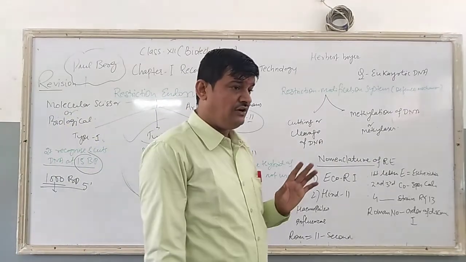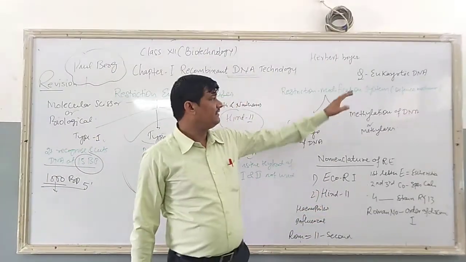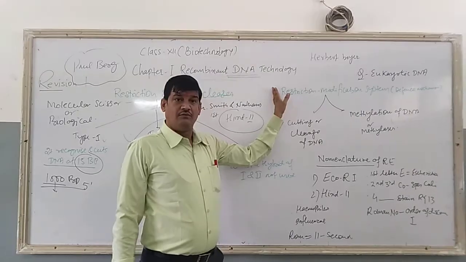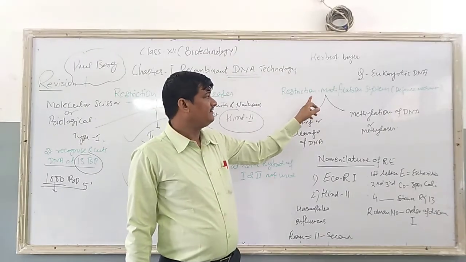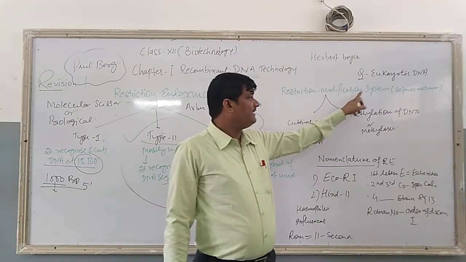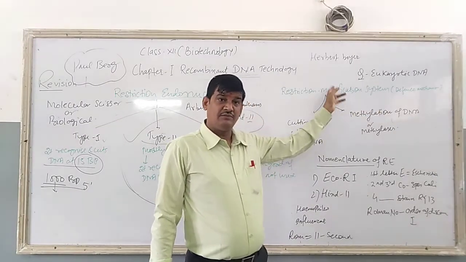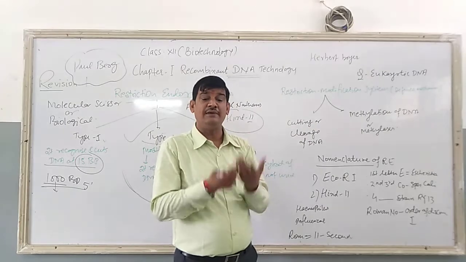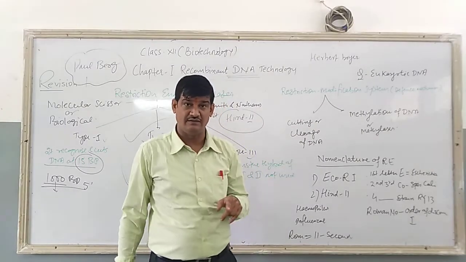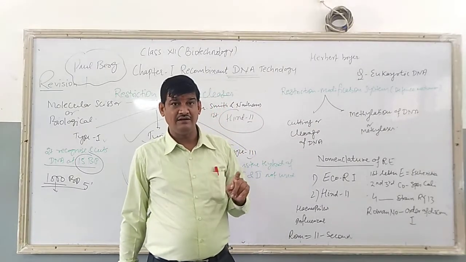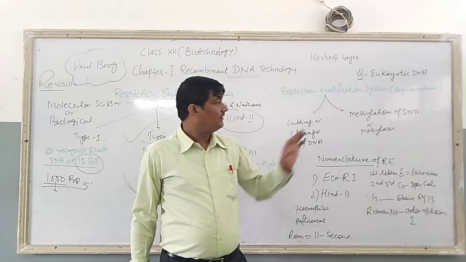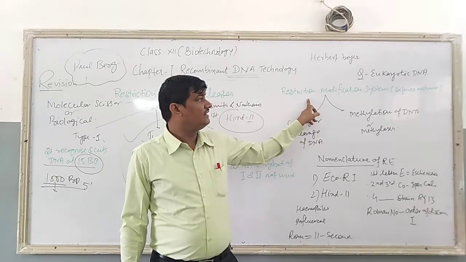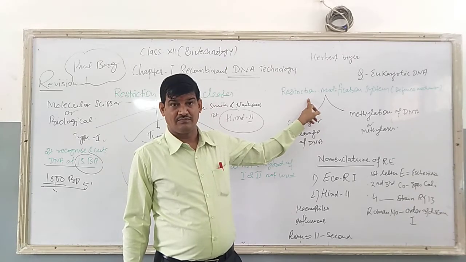Now, restriction endonucleases in the cell work as a defense mechanism, and they have a restriction modification system. So the restriction modification system is a defense mechanism in the prokaryotic cell. Please remember that there is no restriction enzyme found in eukaryotic DNA.